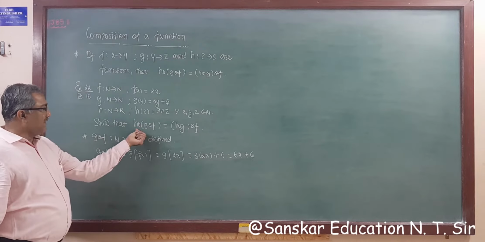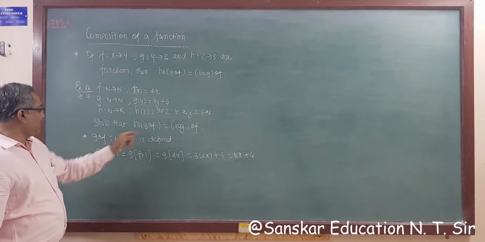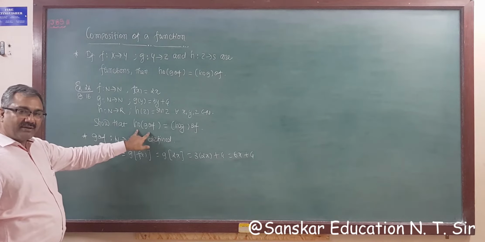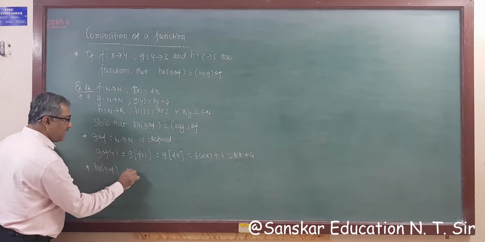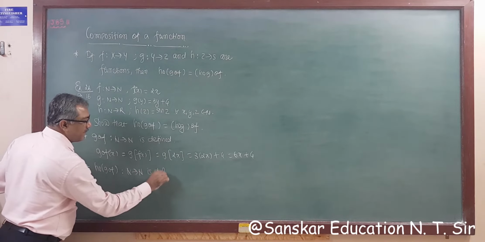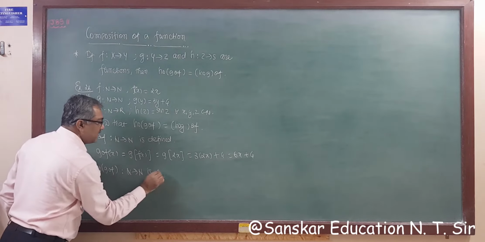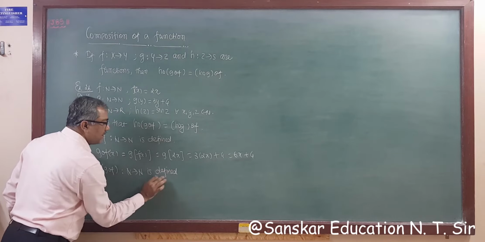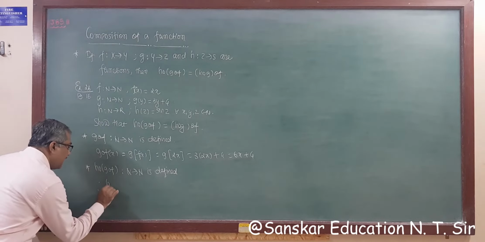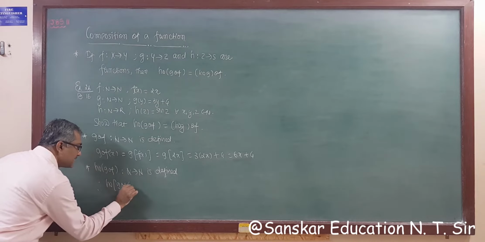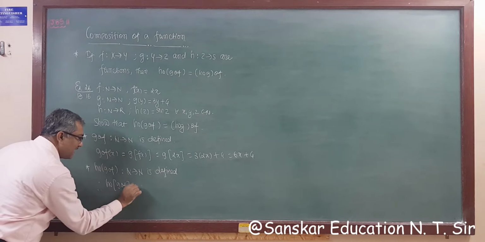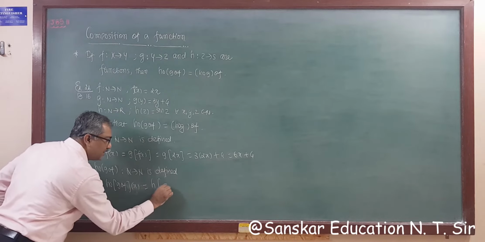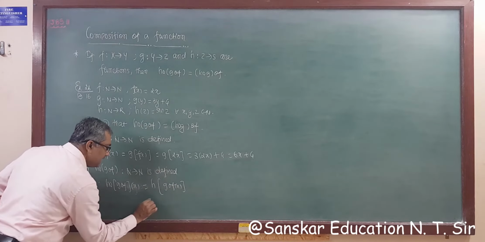Now we have to define this. h is a function from N to R and g over f is N to N, so h over (g over f) is defined from N to N. Therefore h over (g over f) of x is equal to h of (g over f of x), equal to h of.